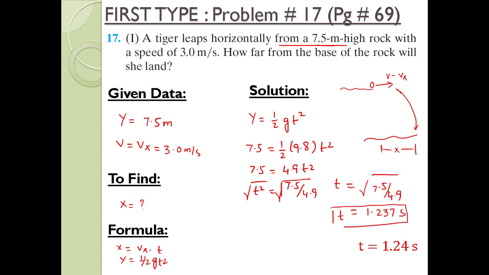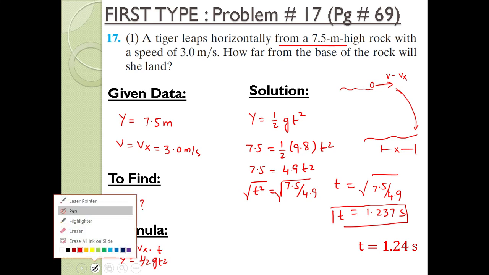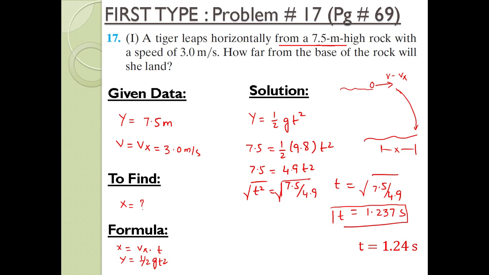Once we got the time, now we need to go for the horizontal distance, from the base to the point where it lands. I will use x is equal to Vx times t. As you know, Vx is 3.0 and time is 1.24.